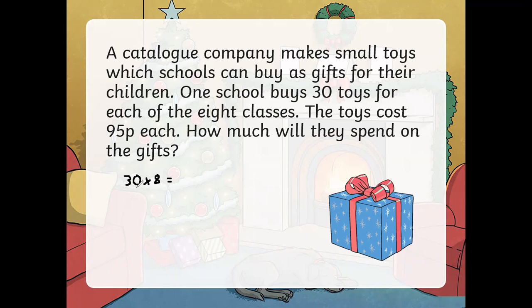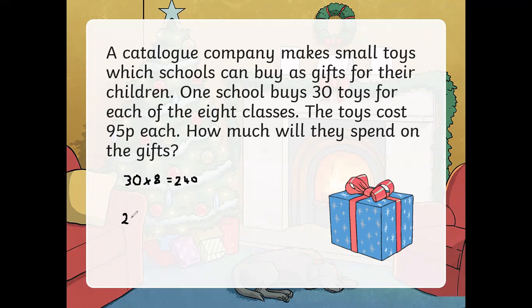If something has a 0, I don't know if you guys know this trick, you could just ignore the 0 and you go 8 times 3 is 24, and then you just add the 0 back on the end. That obviously only applies if the 0 is on the end. Yes, that's 240, and then each toy costs 95p.